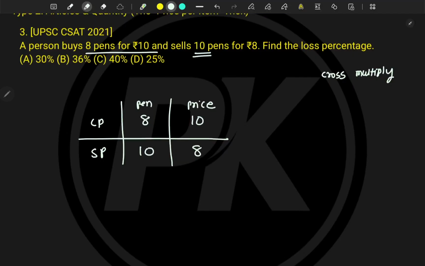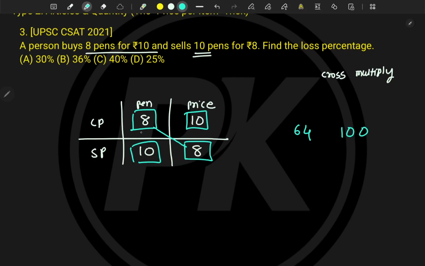So in such problems, this is the pen cost price, 8. So this cross multiplication, 8 into 8 is 64. This, 10 into 10, is 100.